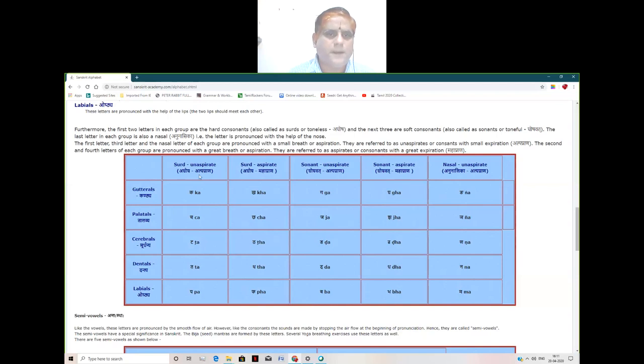Aghosha Mahaprana. Aghosha Alpa Prana. Ghosha Mahaprana. Anunasika Alpa Prana headings are given. What is called Aghosha Alpa Prana means you cannot shout more here, you have to pronounce the letter in a very silent manner. So it is called Aghosha Alpa Prana.